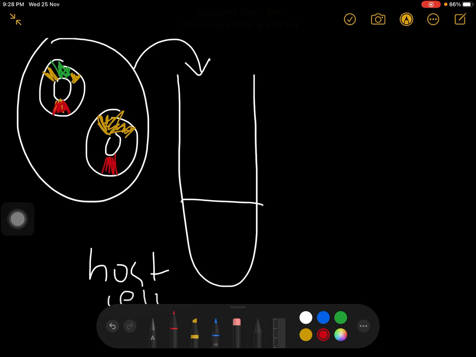As a result, we have several types inside the host cell.